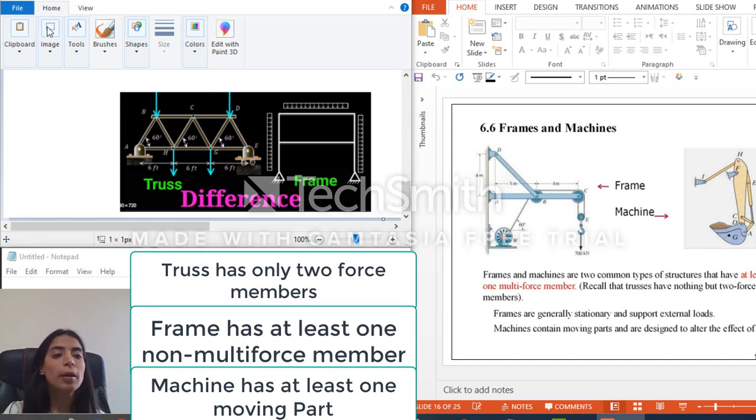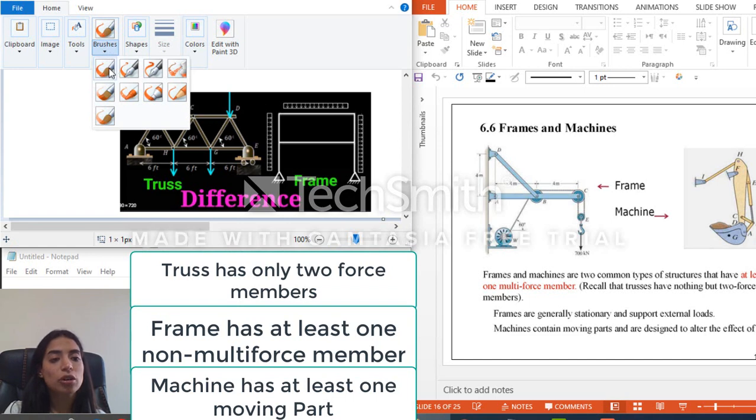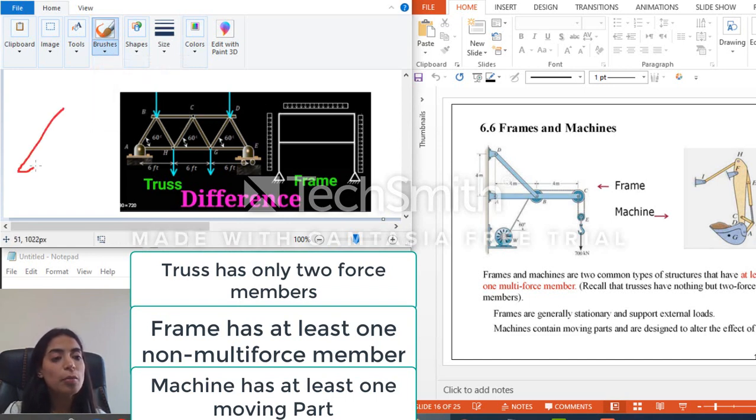I want you guys to remember that in the truss, each member has two forces at the joints that are opposite, like this case it is in tension, and that have the same direction as the member. And this direction is called axial. So it is in the same direction of the member, so they are axial.